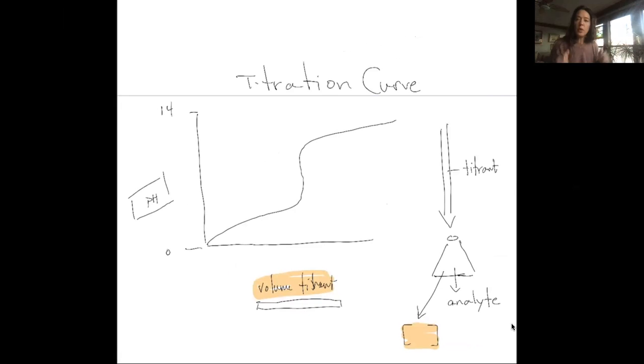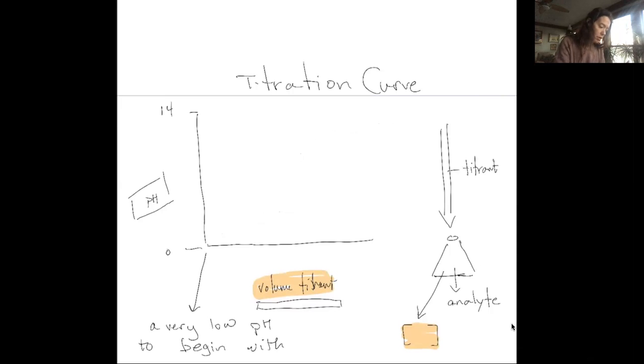And what can we immediately tell from this? Well, we have a very low pH to begin with. Sometimes you have to draw your own curve, and you have to calculate your initial pH, so you would want to start that where it should be if you're provided an axis.